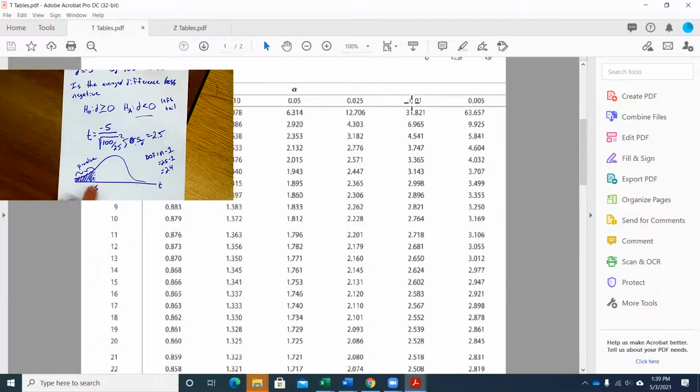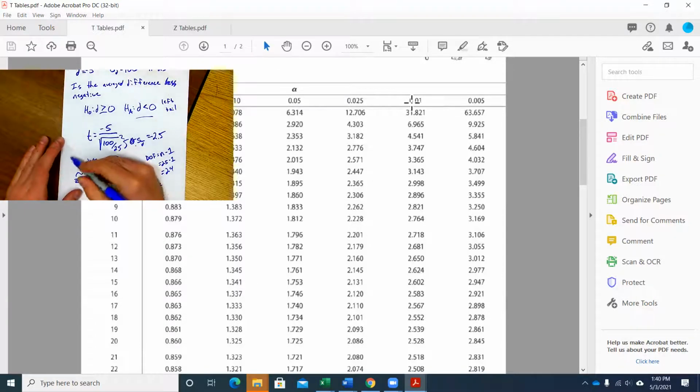Now, I don't have -2.492, right? I have a slightly different value, which is why I said on the exam, if I was doing this, I would have given you something that worked out to be exactly 2.492. So we can say the p-value is going to be really close to 0.01, but a little bit less than that.